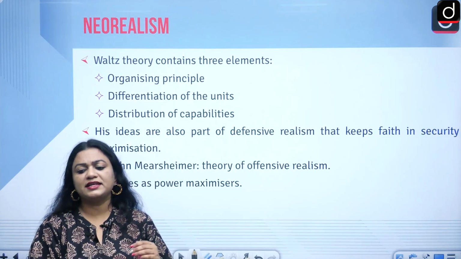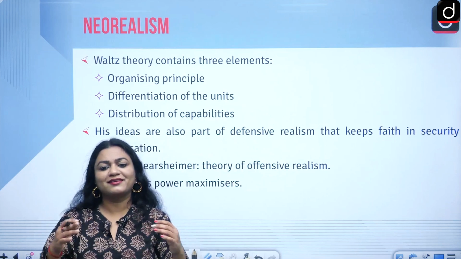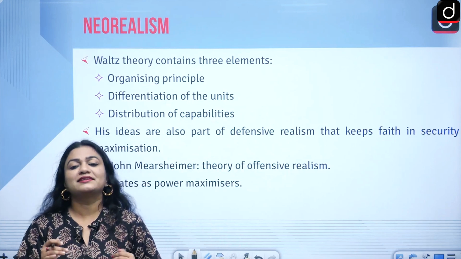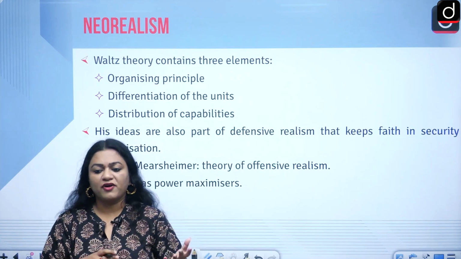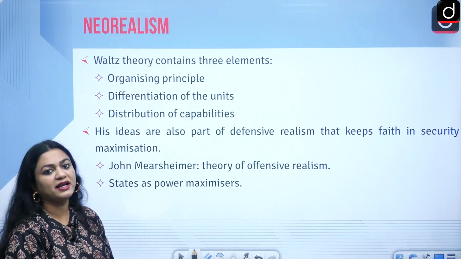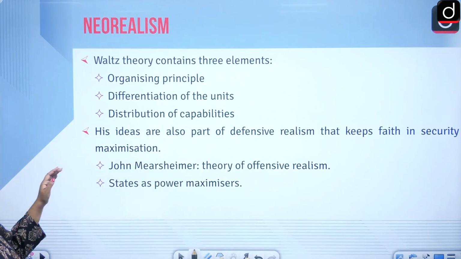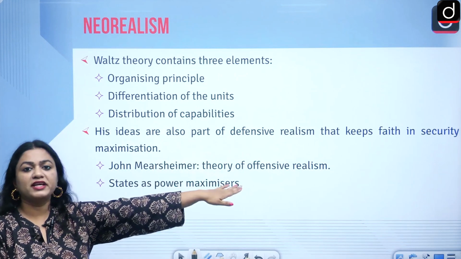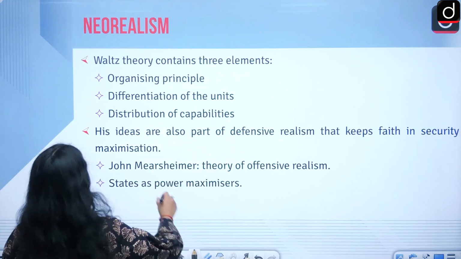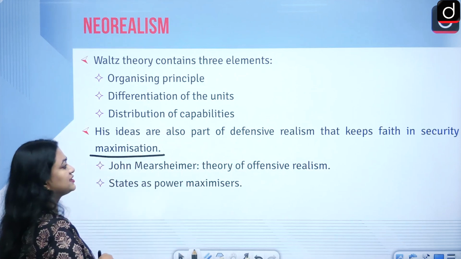So now you can understand that, according to Kenneth Waltz, to understand international outcomes like war and peace, alliance politics and balance of power, you need to understand the relative distribution of power. His ideas are also part of defensive realism, which keeps faith in security maximization.